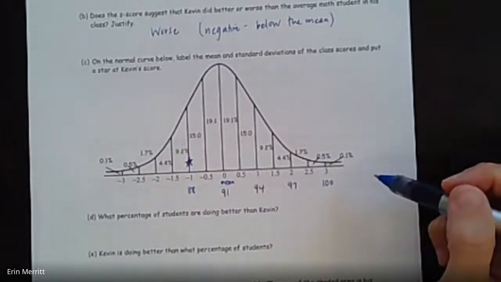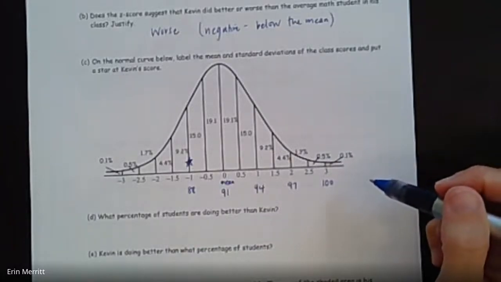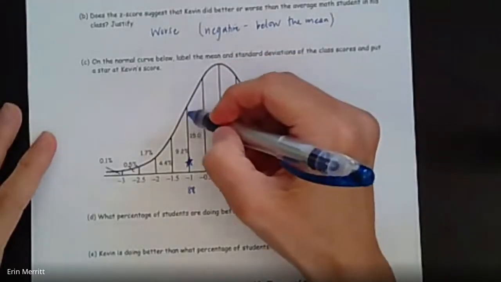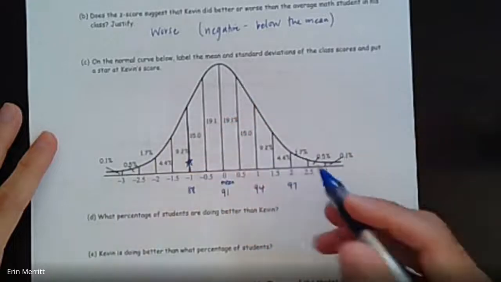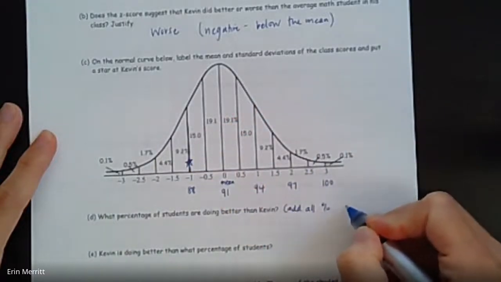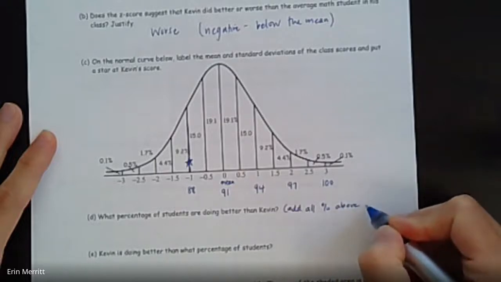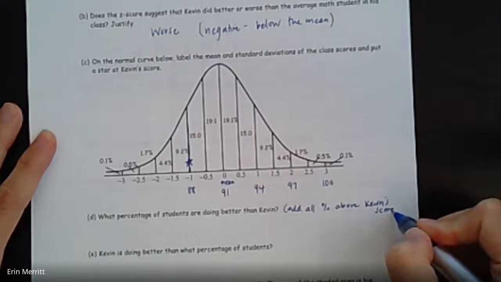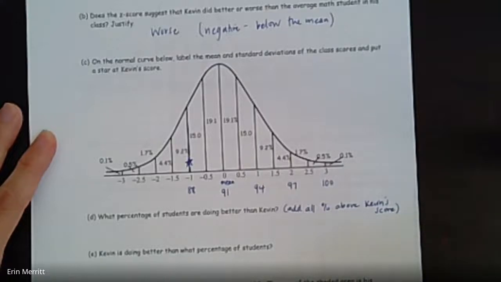So when it says what percent of students are doing better than Kevin, all right, you can add up everybody above this, right? So you can add all percentages above Kevin's score, or, right, we can approach it a little bit differently.